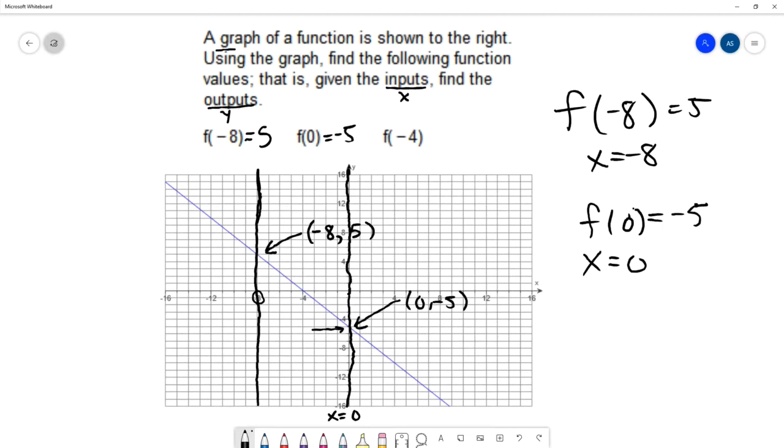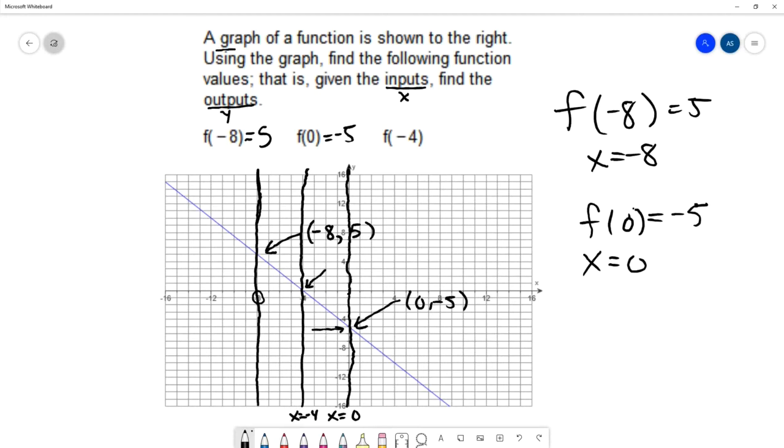And then we have f of negative 4. So here's negative 4 on the scale. If I draw a vertical line there, I kind of made it messy, so let's clean it up. If I draw a vertical line there, these are all ordered pairs. That vertical line represents all of the ordered pairs where x is equal to negative 4.